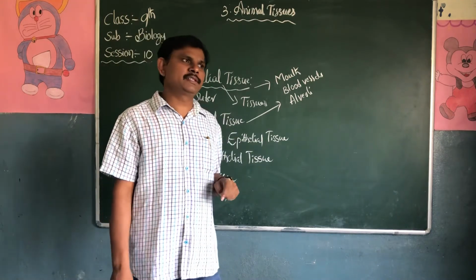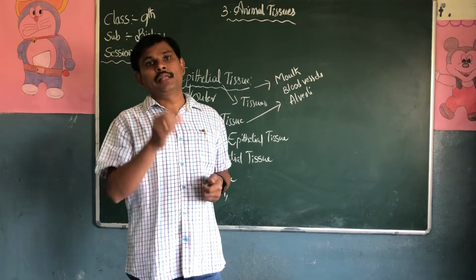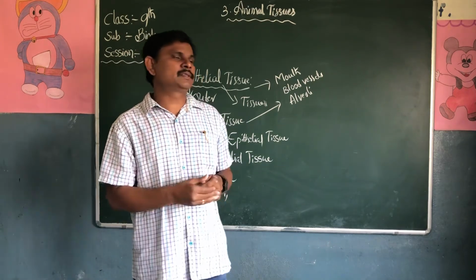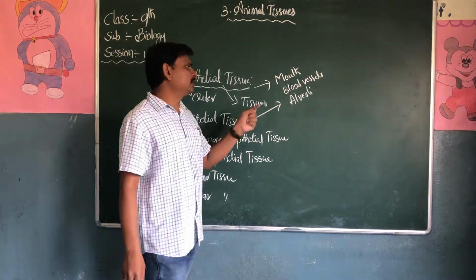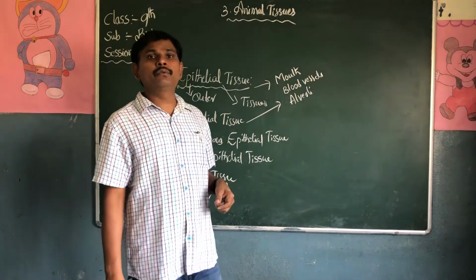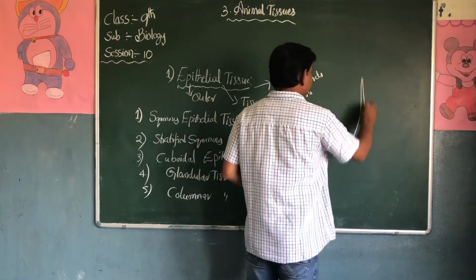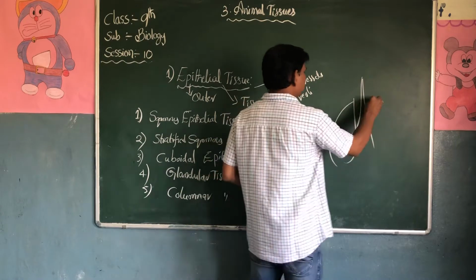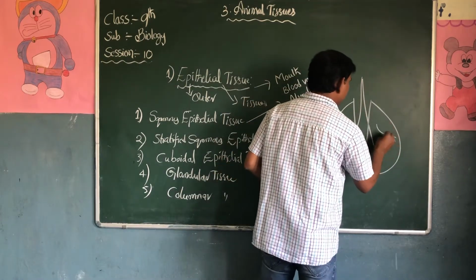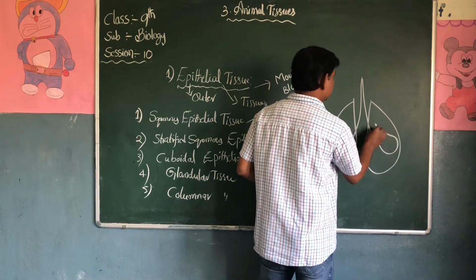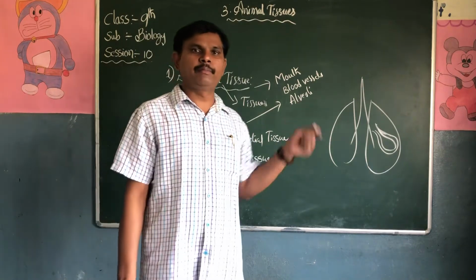There are three types of blood vessels: arteries, veins and capillaries. In the inner layer of these blood vessels there is squamous epithelial tissue. The alveoli are present in the lungs, and in the inner lining of the alveoli we can see squamous epithelial tissue.